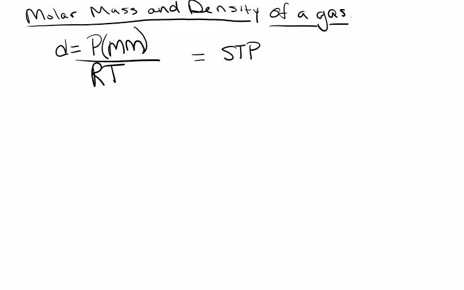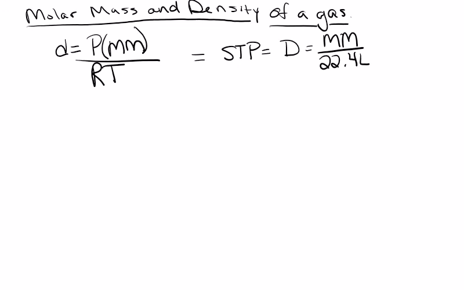If a gas is at standard temperature and pressure, then the density calculation becomes the molar mass over 22.4 liters. Okay, so you get to a problem where it says, what is the density of a gas at standard temperature and pressure? And it gives you what the gas is. You can easily calculate it just by doing the molar mass divided by 22.4 liters.